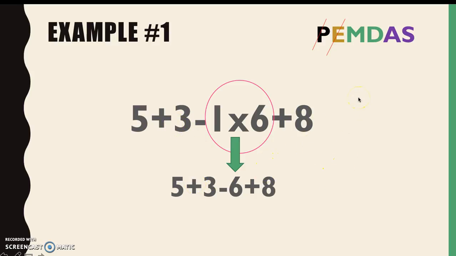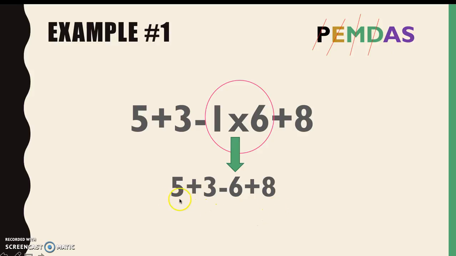From there, we have solved multiplication and division. Now we have addition and subtraction. As you can see in this equation that's left here, there's both addition and subtraction. Because they are partners and they're in the same color group, now you may solve the problem from left to right.